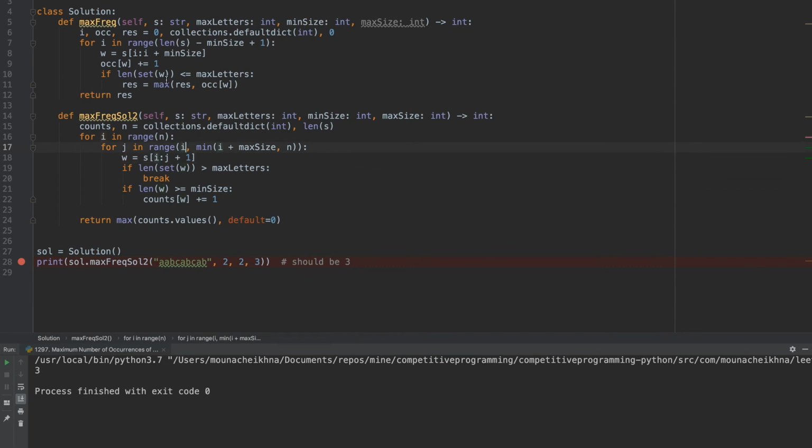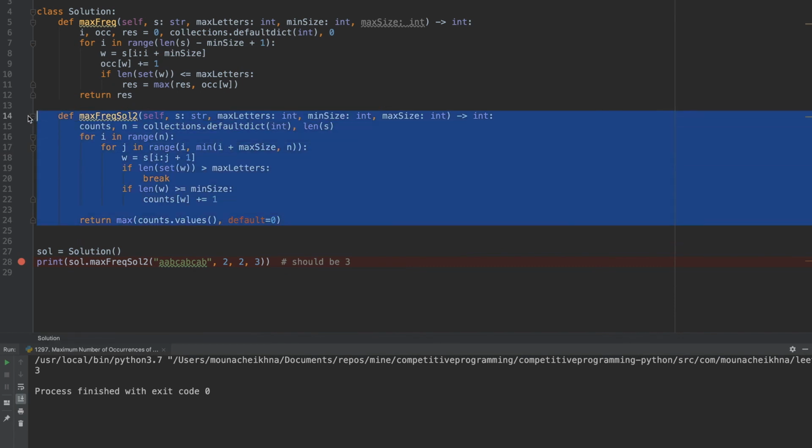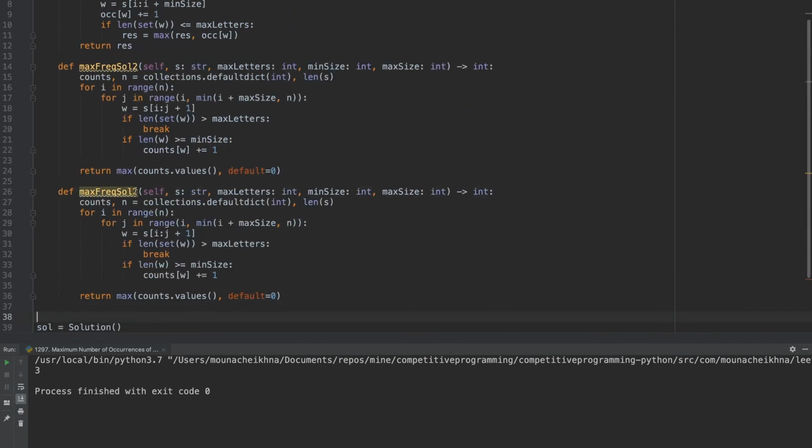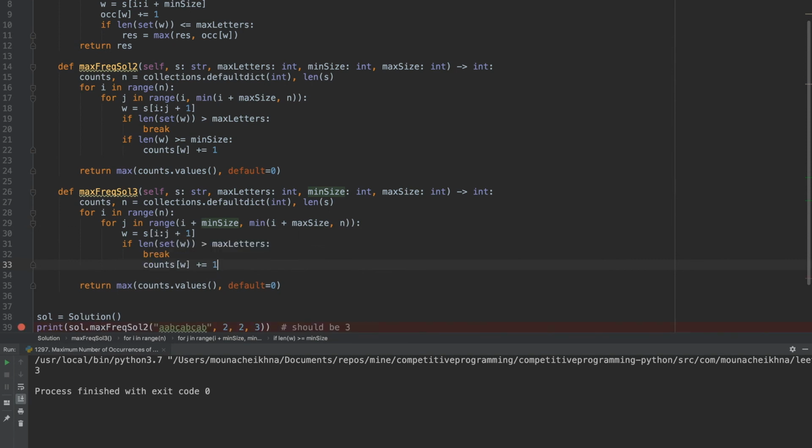So this is similar to this, except here, instead of doing this, we could do it a slightly different way, which is, well, let's just take this, and instead of checking the length, well, let's just do i plus min size, right? That will guarantee that the length here is good. And we could just do that.